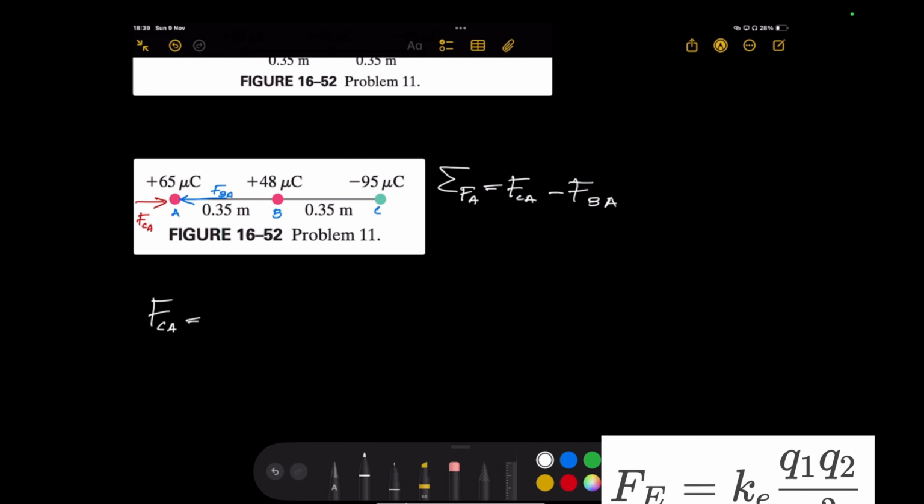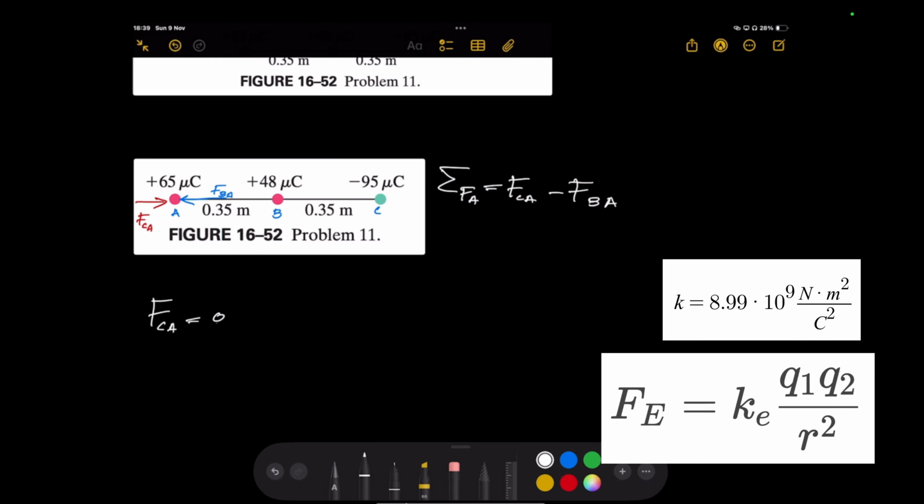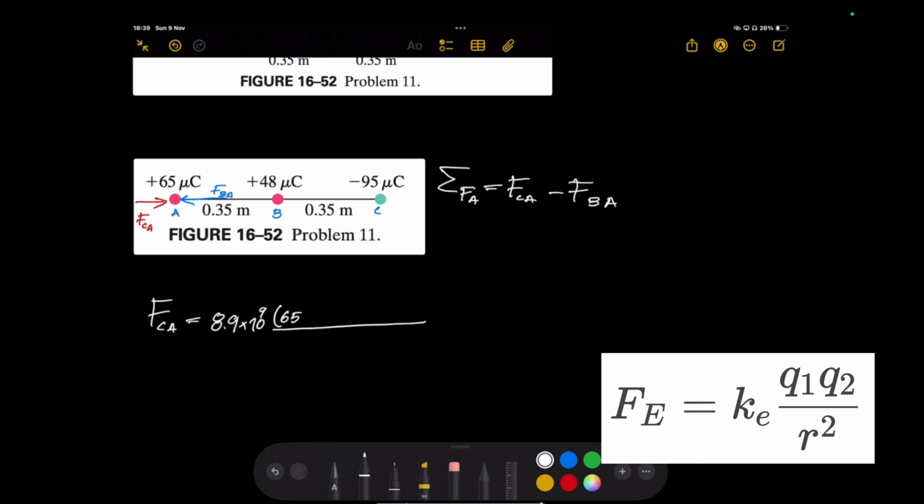Coulomb's force is equal to k, which is Coulomb's constant and has a value of 8.9 times 10 to the 9, times the product of the two charges, 65 microcoulomb, which is 10 to the minus 6.